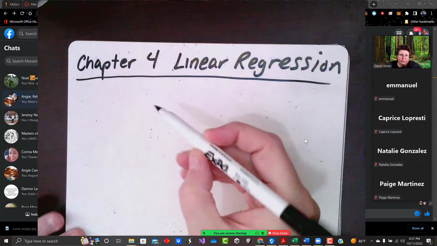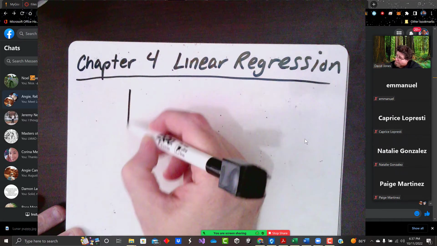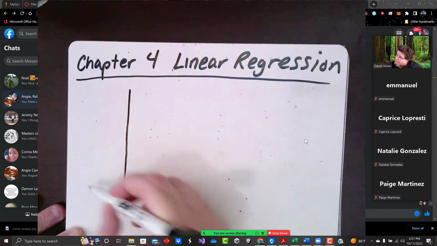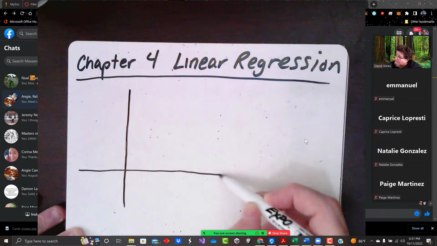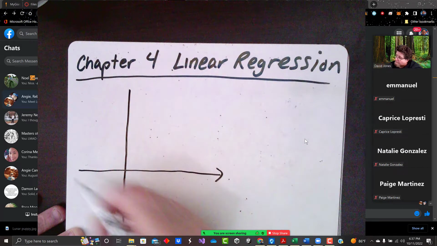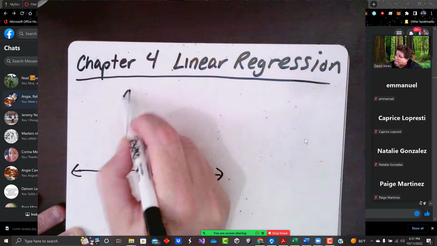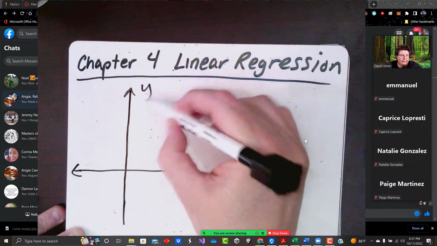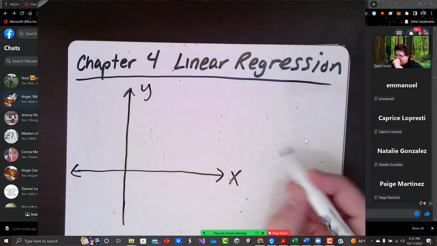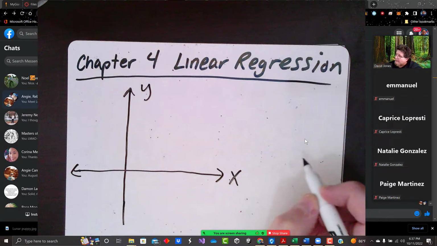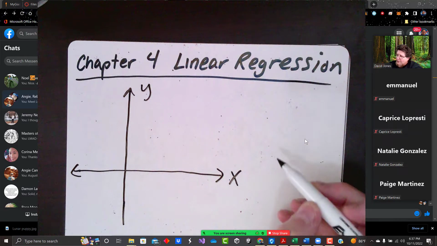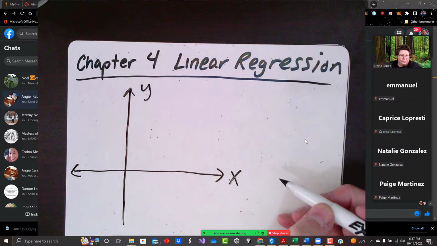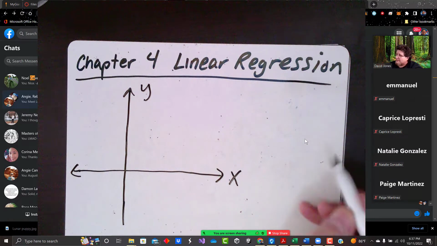Linear regression is about graphs. So graphs, we have an x-axis and a y-axis. And in chapter 1, we learned about different types of variables, explanatory and response variables.